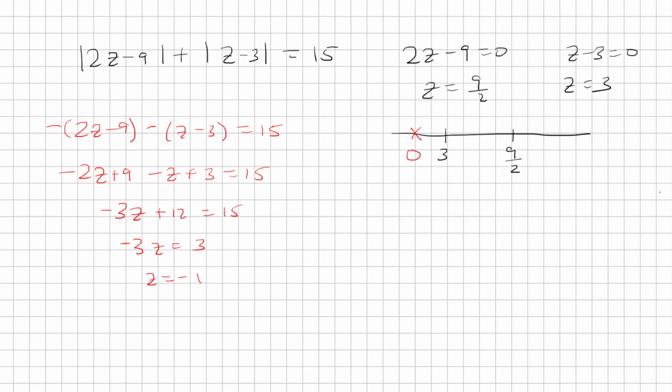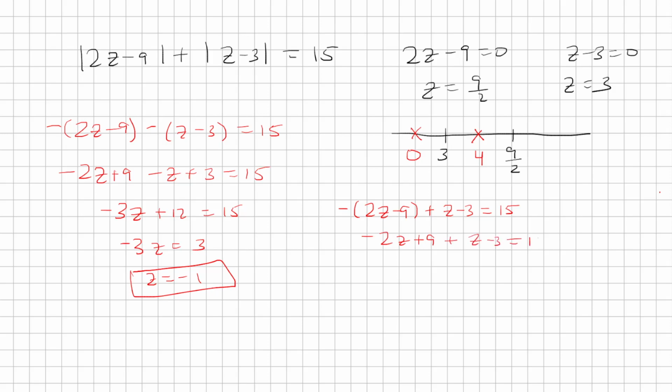The next region, we're looking between 3 and 9 halves, so let's say 4. If I plug in 4 into 2z minus 9, that makes a negative, so we put a negative outside. If I put it inside z minus 3, that's positive, so remove the absolute value. We have negative 2z plus 9 plus z minus 3 is 15.